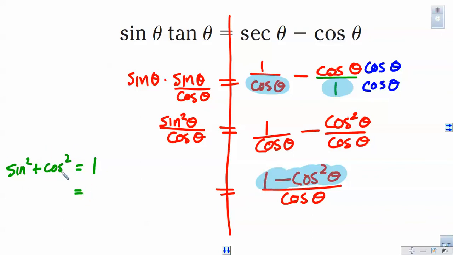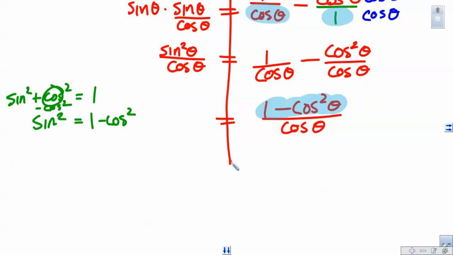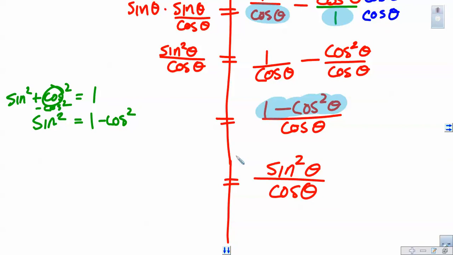I'm going to manipulate this known identity here, and I'm going to write it as 1 minus cosine squared. So notice with this gone, now it's sine squared. So what I'm going to do is replace that 1 minus cosine squared with sine squared of theta over cosine theta. Hey, look at that. It's a match.